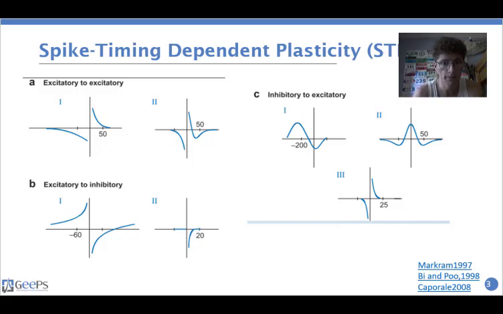Caporale, in 2008, presented in his review the fact that there are several STDP functions with different learning windows, and they can vary across excitatory and inhibitory synaptic connectivity. Hence, when we say that we are using an STDP function in our algorithm, it's not obvious and not really clear which one we are employing, because there are different STDP functions, not only one.